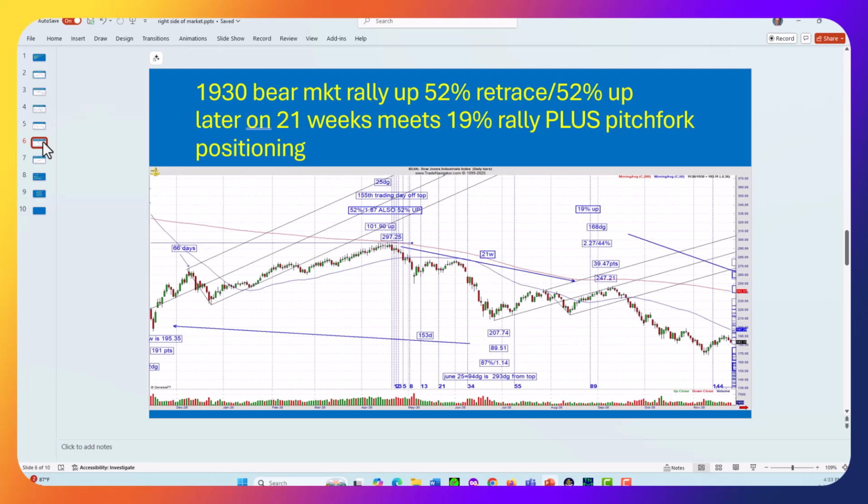Okay, now let's look at another archive chart. This is the 1930 bear market rally up to here, and then it rolled over in that terrible bear from 30 to 32. Okay?